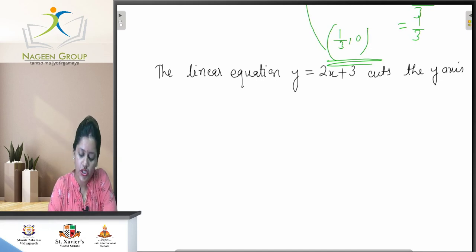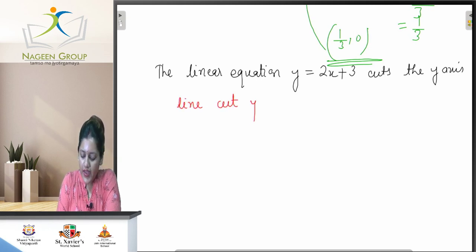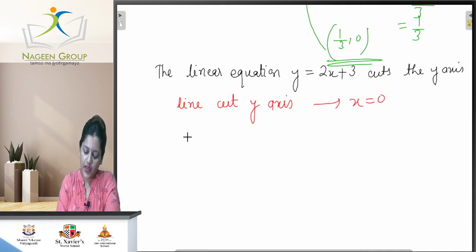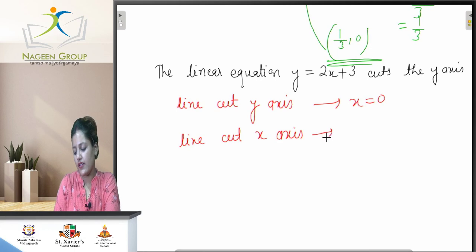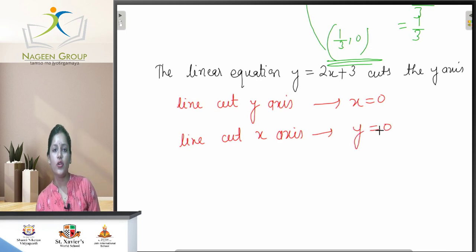This is a very new question. When a line cuts the y-axis, then x = 0. In the same way, when the line cuts the x-axis, then y = 0. I hope you have understood.